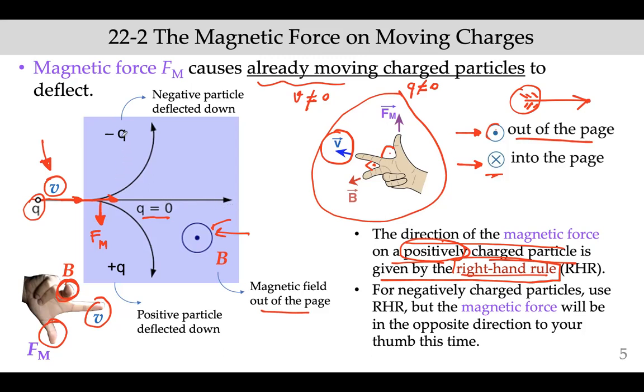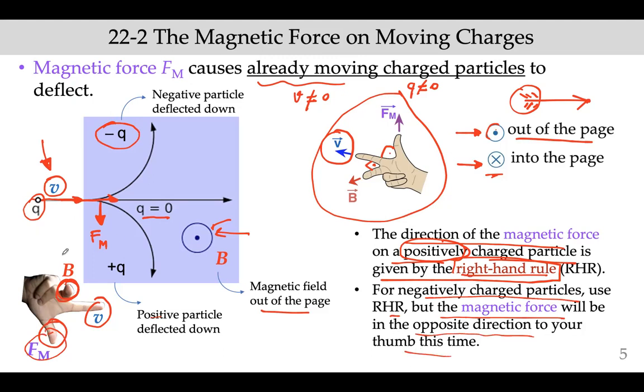Okay, what about a negatively charged particle? Again, for negatively charged particles, use the right-hand rule, but the magnetic force, the result here, will be in the opposite direction to your thumb this time.